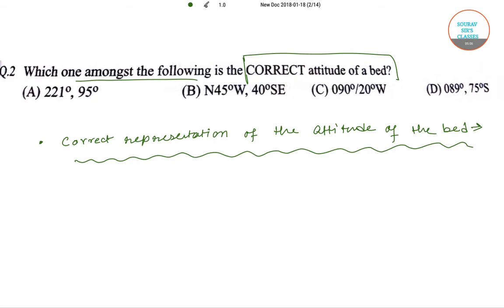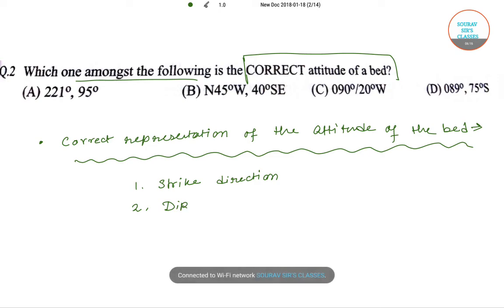So the correct representation is the strike direction. The second point is the dipping amount and the dipping direction.